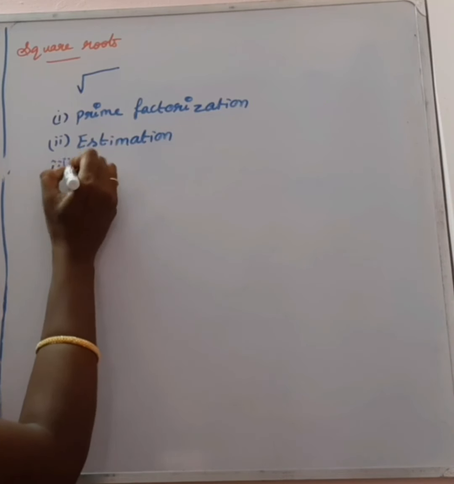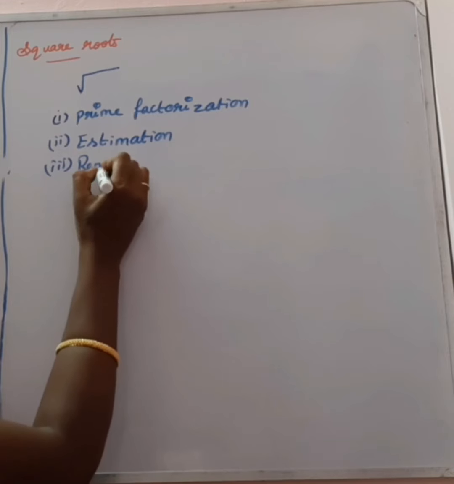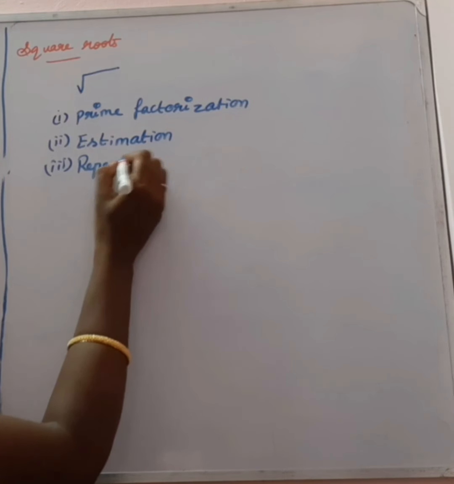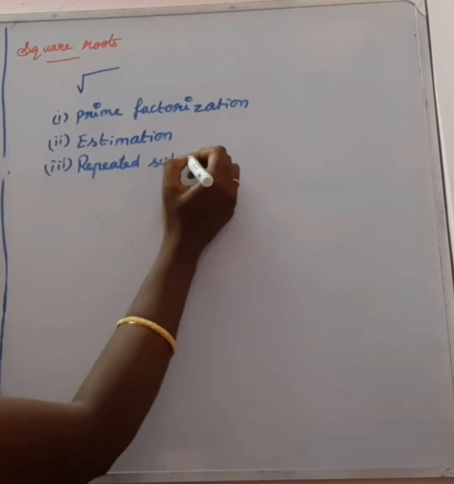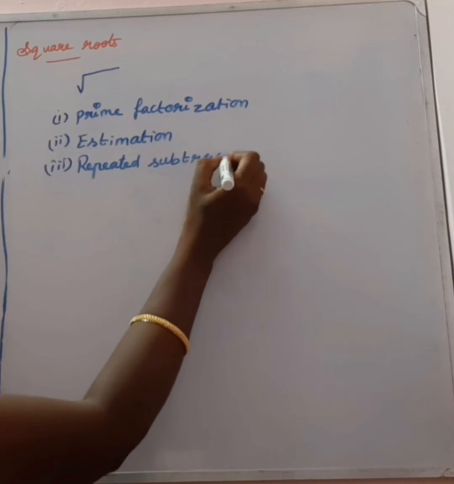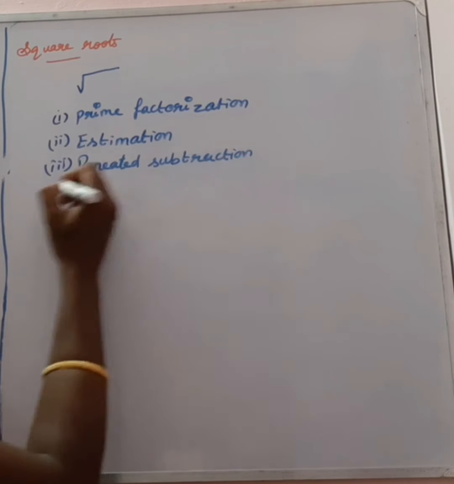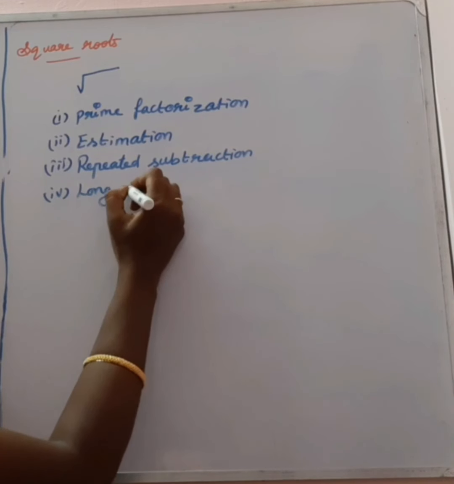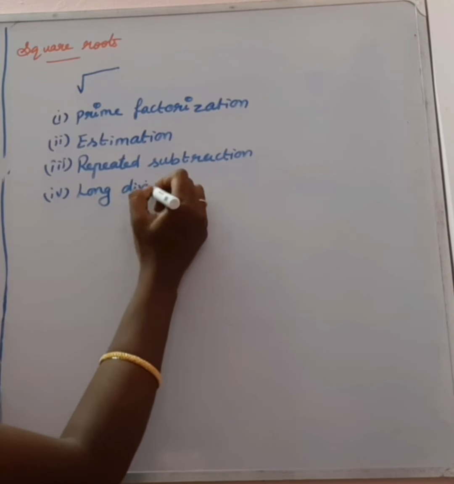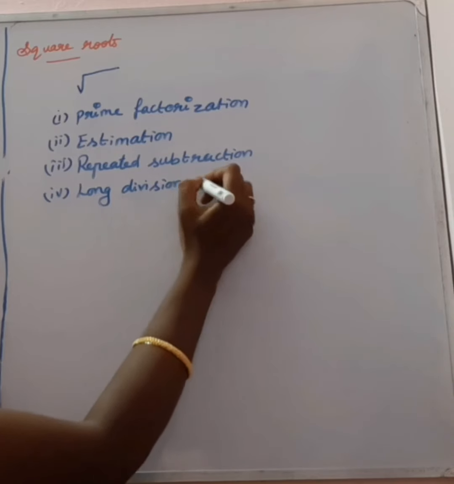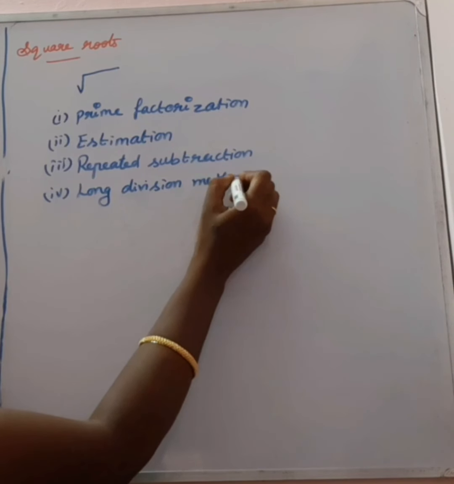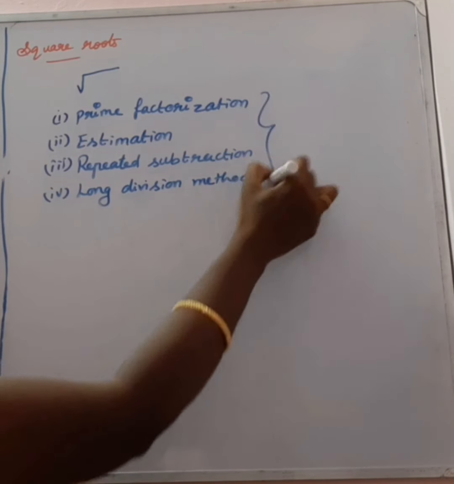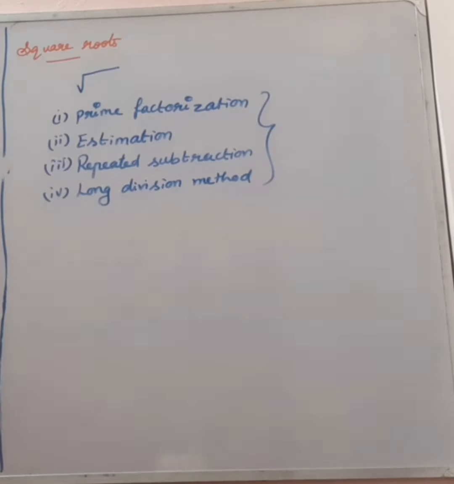The third one is repeated subtraction. The fourth one is the long division method. We have these four types to find the square root.